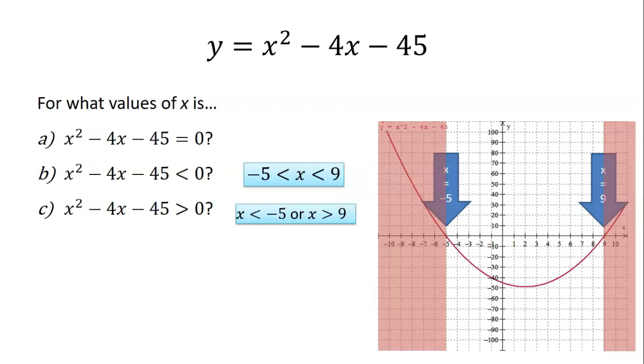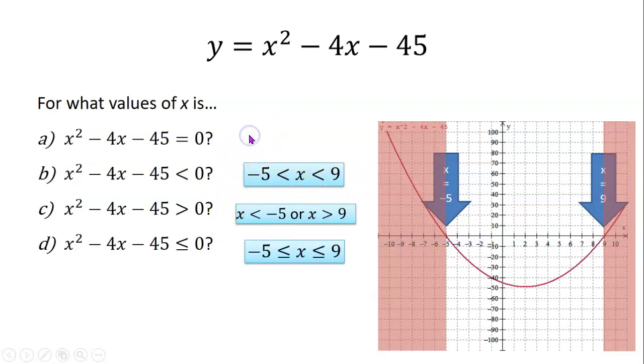A couple other questions we could ask. For what values of x is x squared minus 4x minus 45 less than or equal to 0? There we just have to put together the x's where it's less than 0, which are everything between negative 5 and 9, and the x's where it's equal to 0, which would include the negative 5 and the 9.